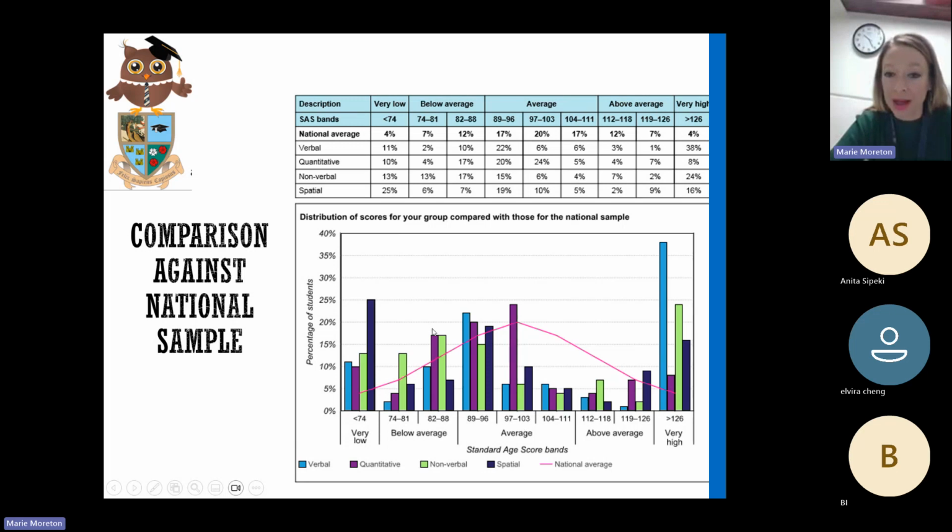But the vast majority of children are in this section here. And then you have a band that are above average and a band that are very high here, which is maybe 4% of children. Same here, you get below average here, and this would be very low ability in those areas as well. So it does give us some information about where we are at compared to the national average.